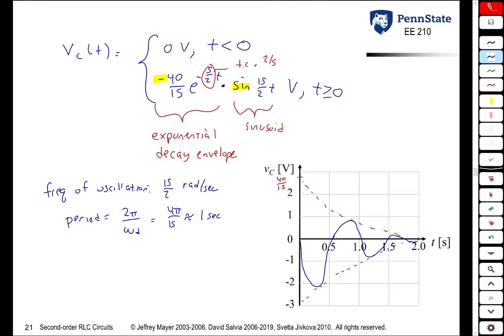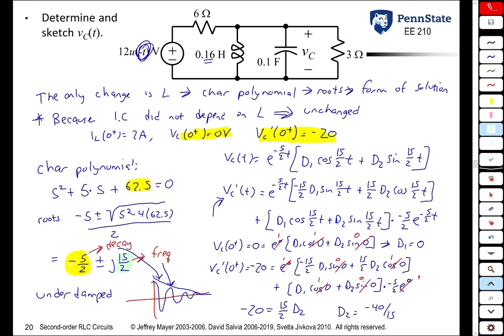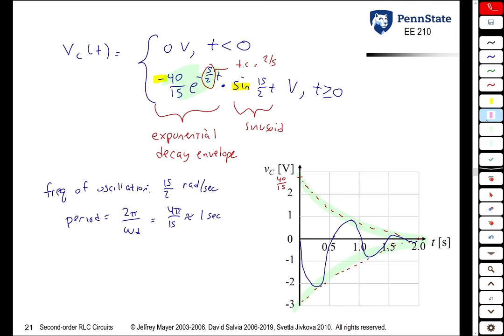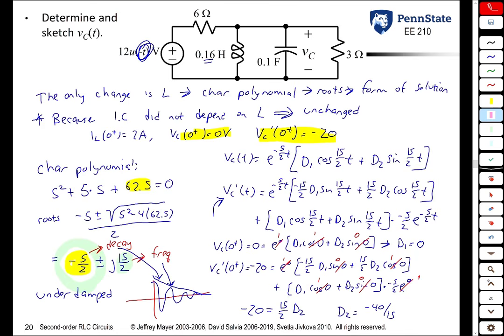So once again, the envelope of the decay depends on that part, which in turn depends on the real part of the root, and the frequency of oscillation comes from that part, which ultimately depends on the imaginary part of the root.